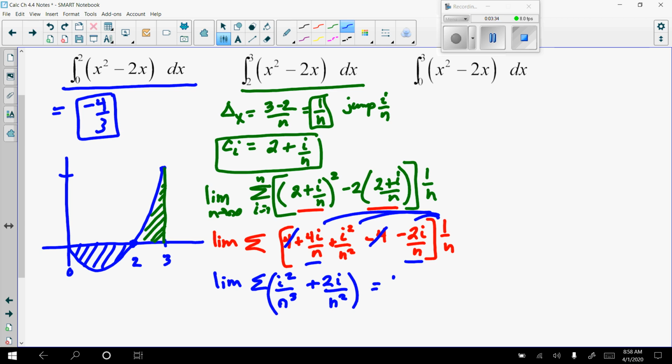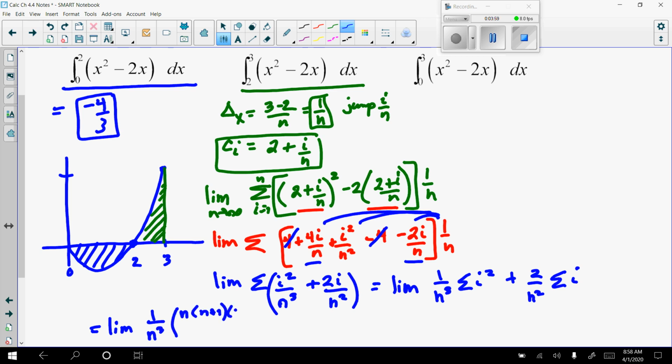I'm going to pull that 1 over n cubed out of the sum of i squared plus 2 over n squared and the sum of i, which becomes the limit of 1 over n cubed times n times n plus 1 times 2n plus 1 over 6, plus 2 over n squared times n times n plus 1 over 2.